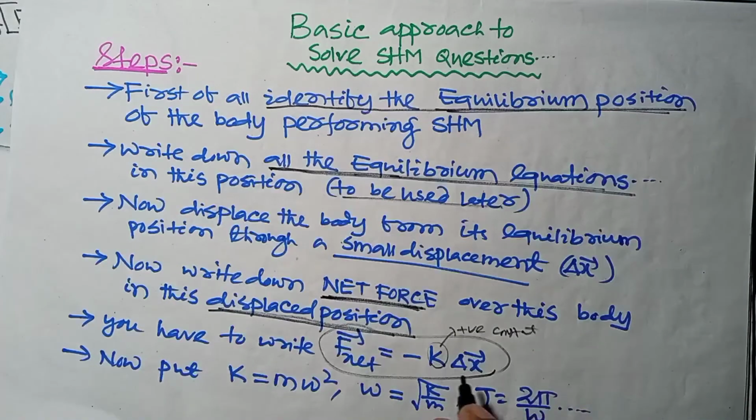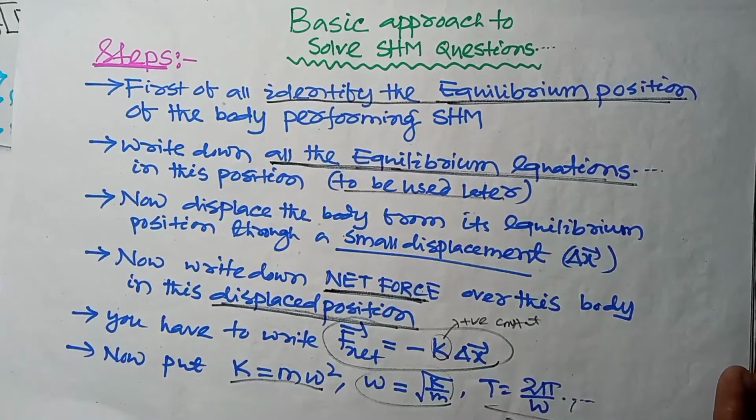So you have to bring the equation in this format. Then you put k equal to m times omega square. From this we can calculate omega, time period, frequency, etc. So this is the basic approach.